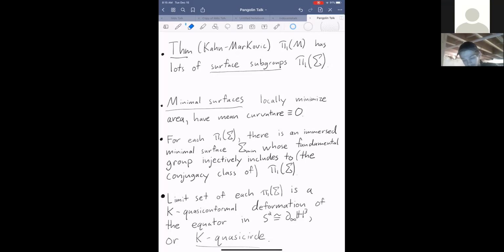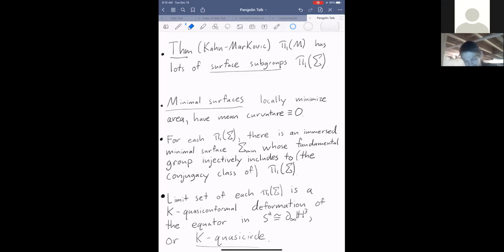There's a very beautiful proof of this. It uses mixing properties of the frame flow to get this purely group theoretic fact about the fundamental group of M. And these surface subgroups are going to be an important object for this talk.